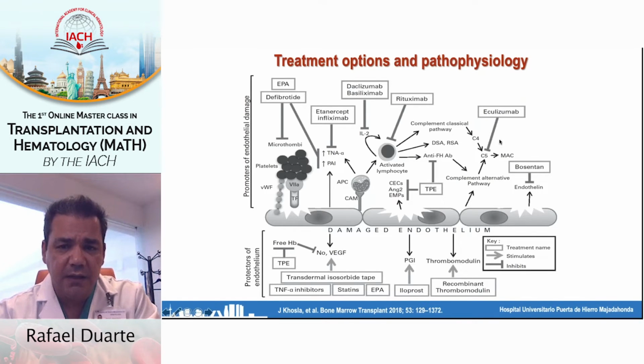We've mentioned eculizumab, and we know that's a direct inhibitor of the MAC complement complex. We've got rituximab, and many other immunosuppressive drugs that we also use in graft versus host disease and in other indications, and all those try to block the promotion of endothelial damage, because TPE acts not only clearing antibodies, but also clearing many other factors that contribute to endothelial damage.